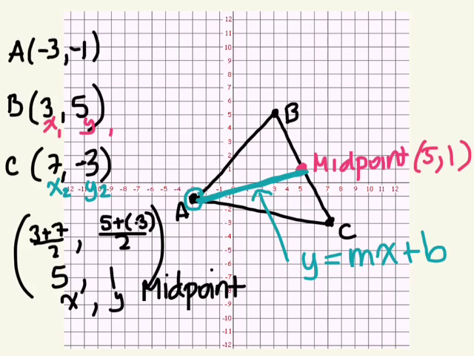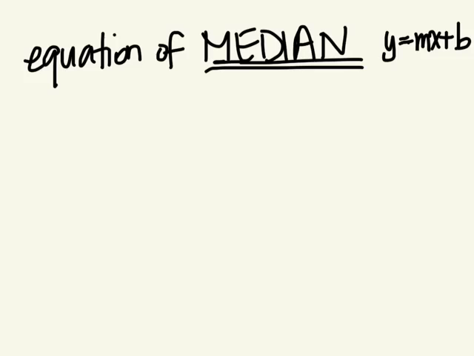Do you know where coordinate A is located? It's at -3, -1. You now know the midpoint, which is located at 5, 1. I want to know what's the equation of that line from A to the midpoint. We're trying to find the equation of the median, which is a line. We can use coordinate A and the midpoint.